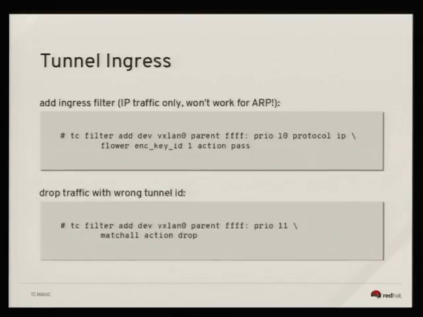On ingress, that would be, well, could be similar. So we again add a filter to ingress that matches on protocol IP, for example here, and it uses flower to look at the tunnel headers because when the packet arrives at the vxlan0 interface, the tunnel header is stripped but remembered.